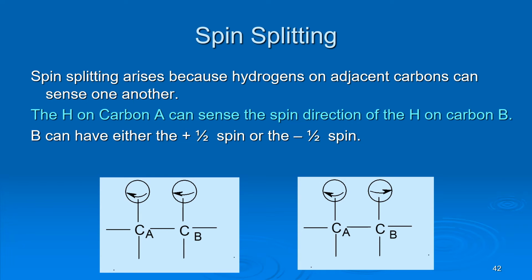Okay, so the spin splitting comes about because of the hydrogen on the neighbor. So if this is the carbon in question, carbon A, the hydrogen on carbon A can sense the spin direction of the hydrogen on carbon B. And so that one can either be with the applied field or against the applied field.